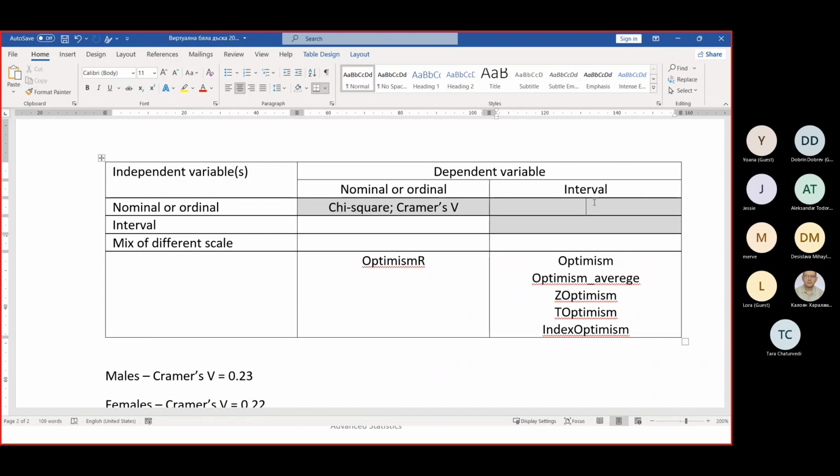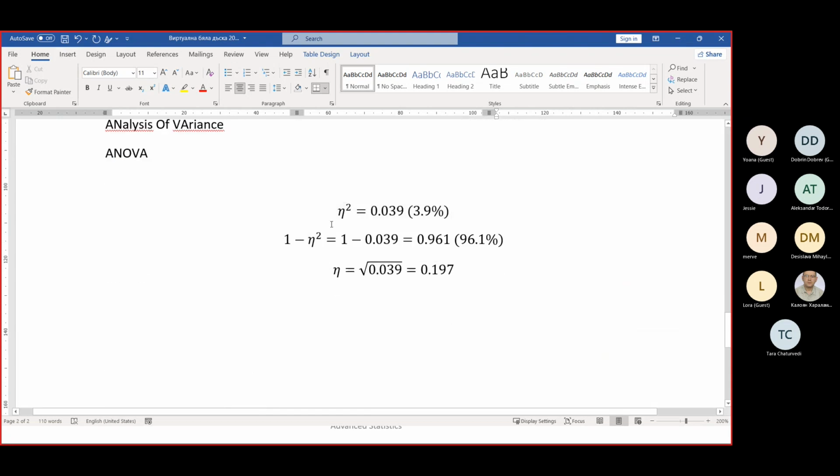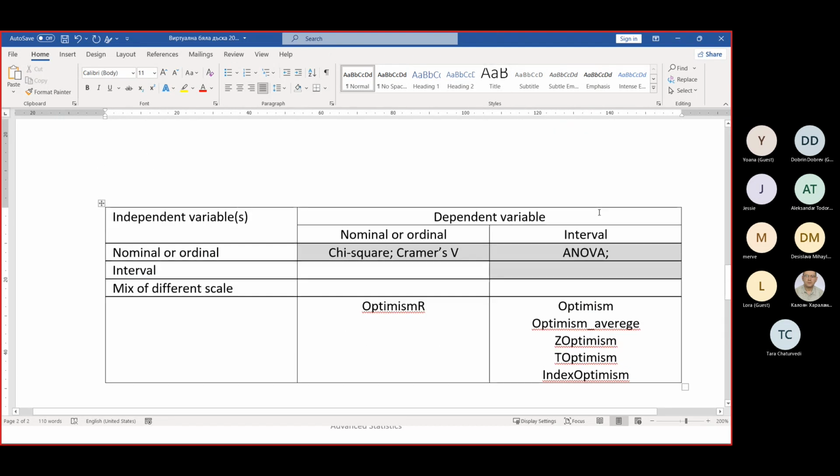But before that, here I will write another method for testing of hypothesis, and eta squared as coefficient for the strength of relation.